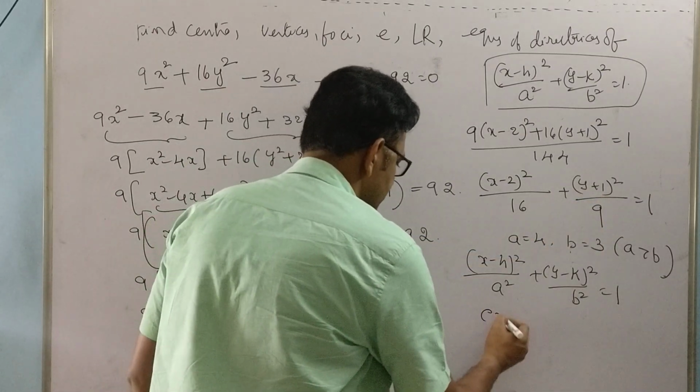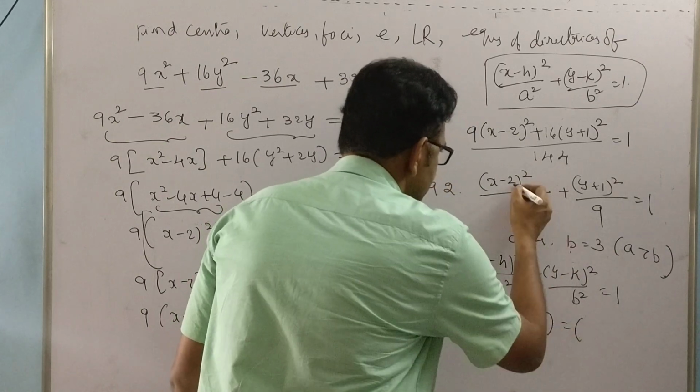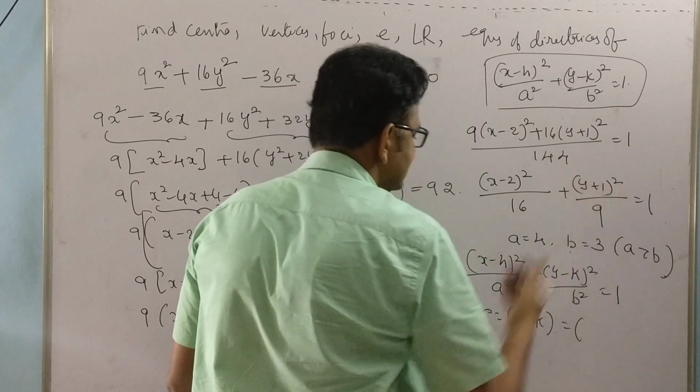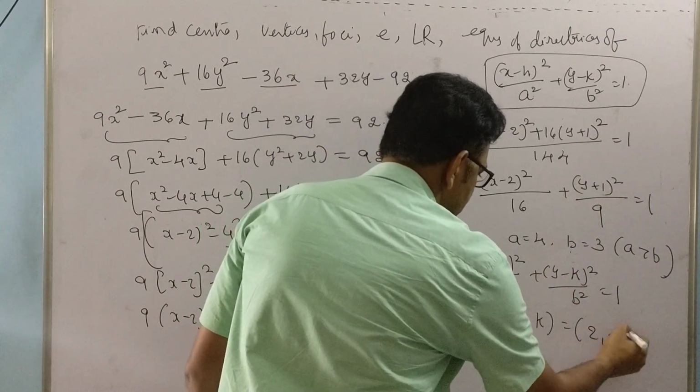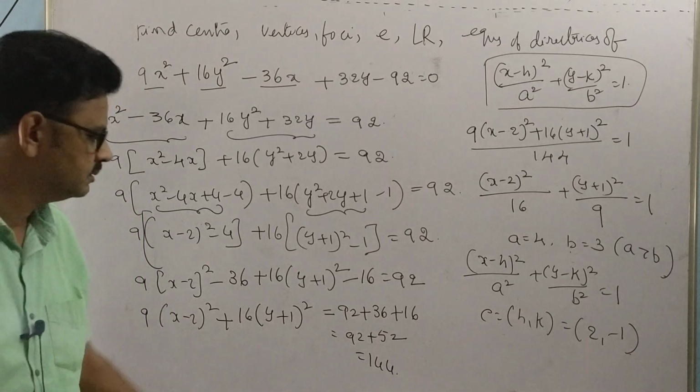Therefore, center is (h, k). That is, x - 2 = 0, y + 1 = 0. That is the center: (2, -1). Write down.